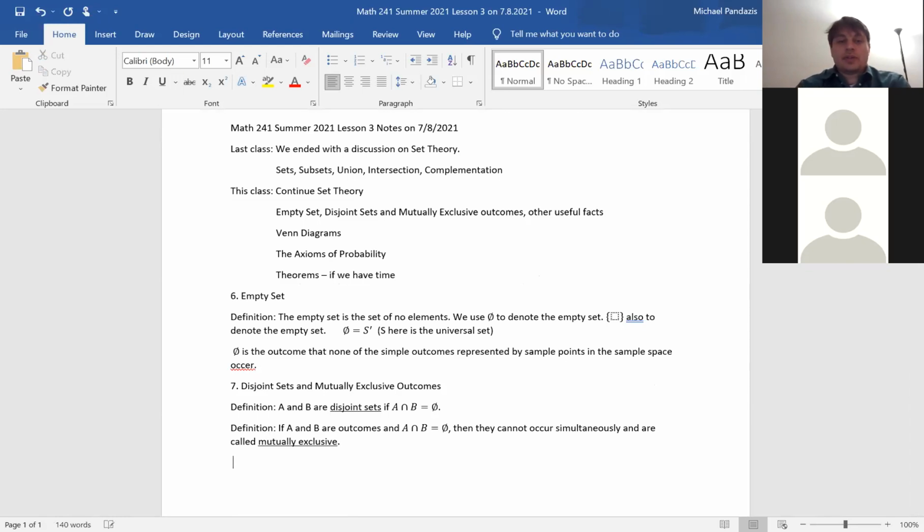So A intersection B equal to the empty set means that outcomes A and B are mutually exclusive.